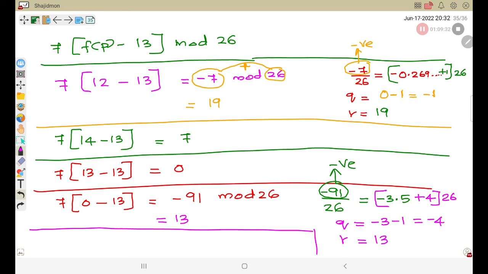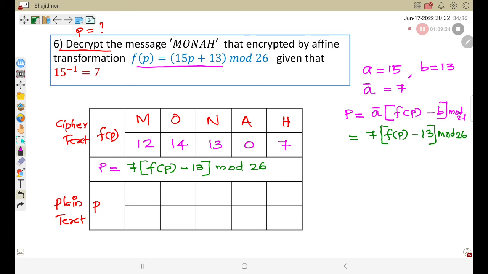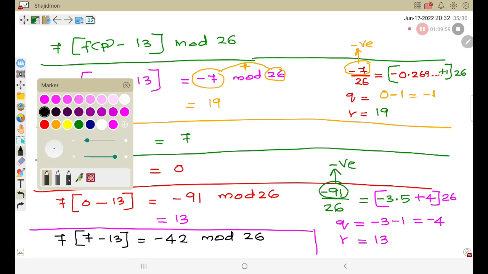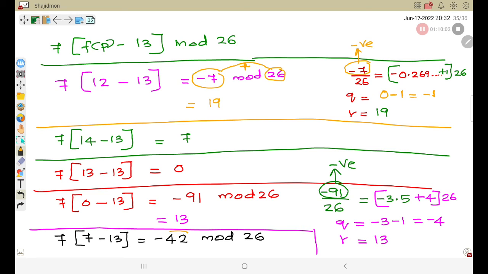Okay, 13. Now lastly, what is the number here? 7. Okay, so I can do that number now. 7 multiply 7 minus 13. You can check the calculator. 7 multiply 7 minus 13. The number is minus 42. Mod 26. Here minus 42 means not a bigger number. You can take minus 42 plus 26, correct? What will be the number we get?